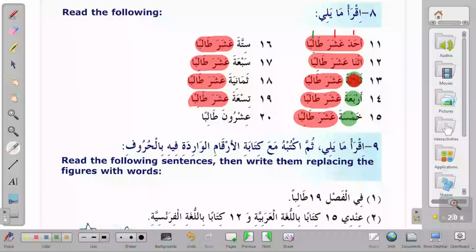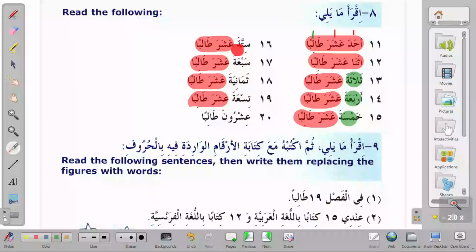So the first number, Salasata Ashara, Arba'ata, that first part is always going to have an opposite gender to the thing you are counting. But the ashara and then the thing you are counting, that's the ma'dud, will always have the same gender. As you can see, I've joined them together, highlighted in red.